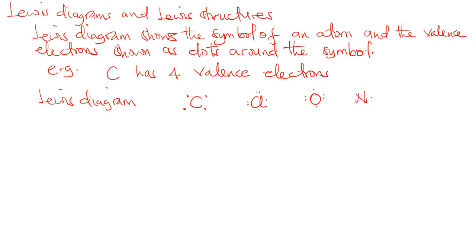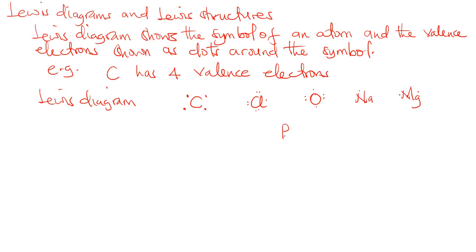Sodium has 1 valence electron, because it is in group 1. So this will just be its dot diagram. Magnesium has 2 valence electrons, so you can have an electron here and another electron there. So that is the dot diagram for magnesium.